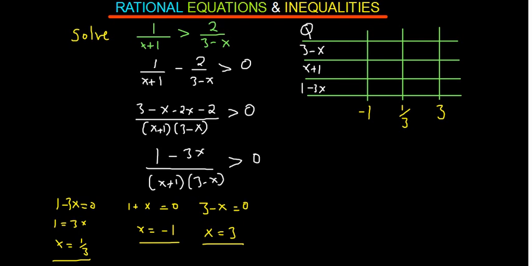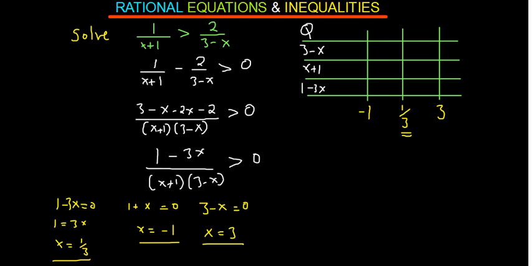Now, when we equated 1 minus 3x to 0, we found 1 over 3. Those who've just joined, don't worry, you're going to understand. We are still explaining.